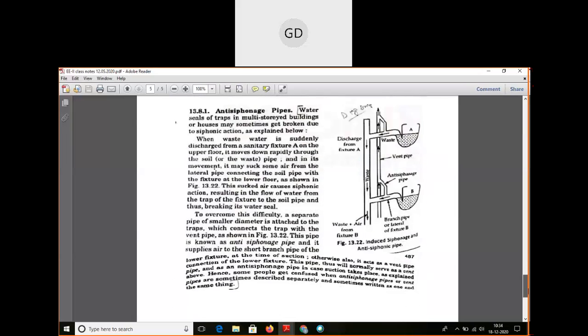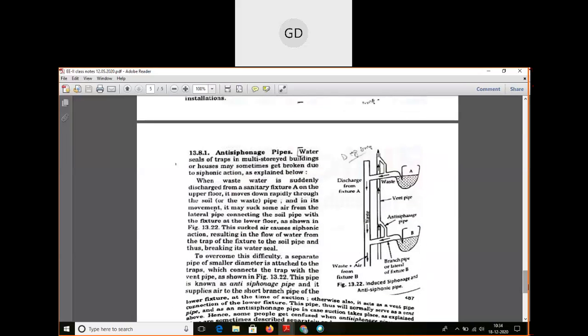Then another one: just now, while reading, we got one term, anti-siphonage pipe. So what is an anti-siphonage pipe? You see the diagram, it looks like this. The water seals of traps in multi-story buildings or houses may sometimes get broken due to siphonic action.